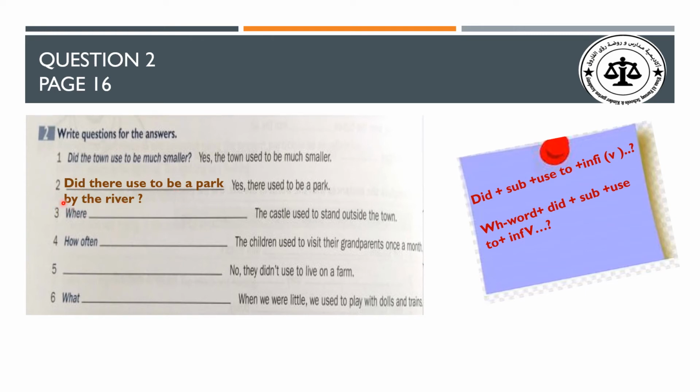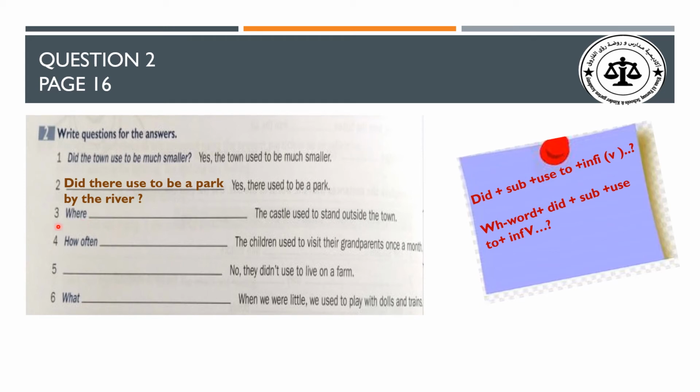So here we have did, so we have to use used to, and used to is followed by the infinitive verb be. Let's complete. Number 3, where? We want to ask about the place. The answer is the castle used to stand outside the town.